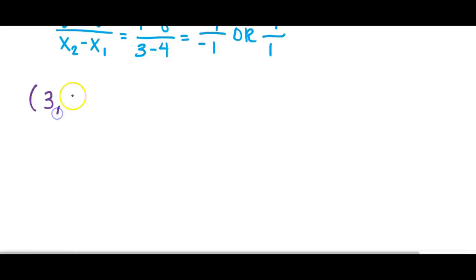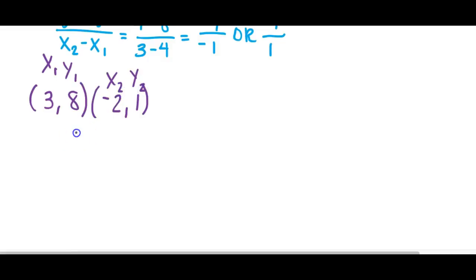So 3, 8, and -2, 1. X, Y, X, Y. These ones come first, these come second. 1 minus 8 over -2 minus 3. I know this can be tricky. 1 minus 8: if I have 1 and I take 8 away, I owe someone 7, so that's -7.